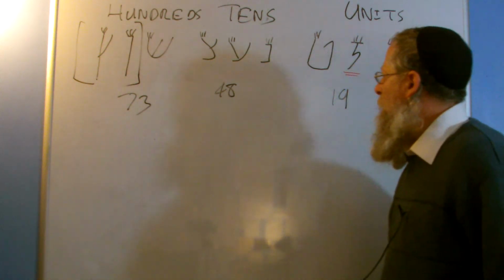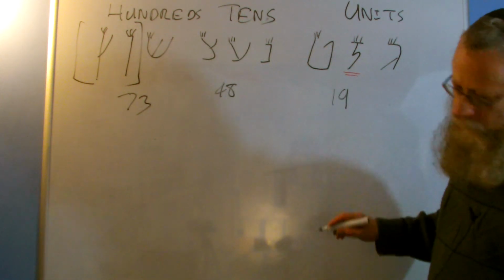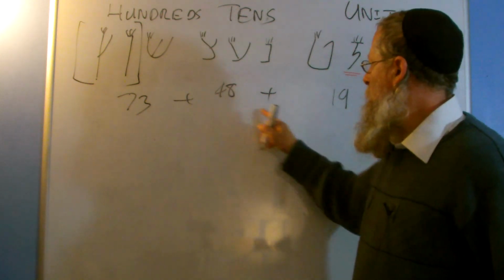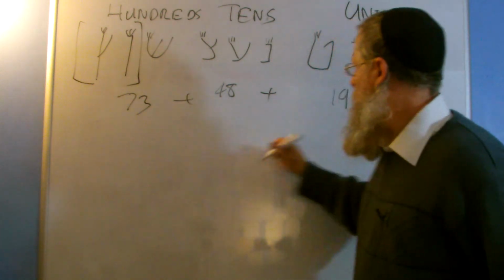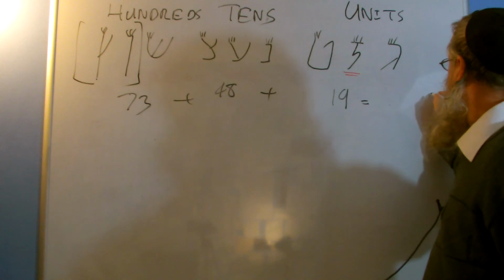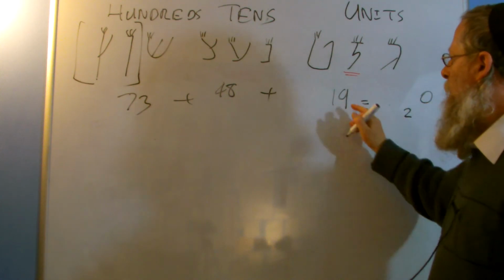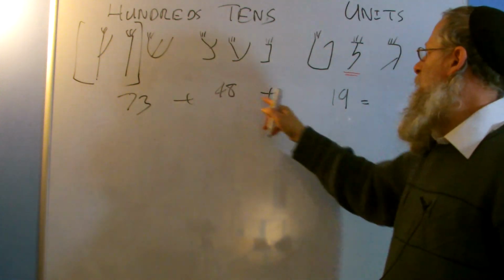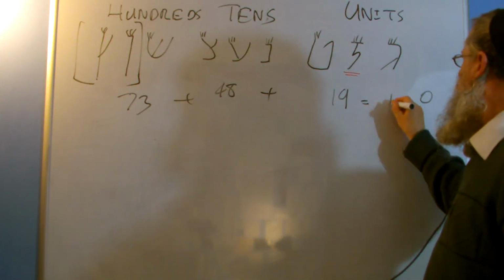Now, those are the values of all those. If I add those together, I get 8 and 9 is 17, plus 3 is 20. Carry 2. 7 plus 4 is 11, 12, 13, 14.